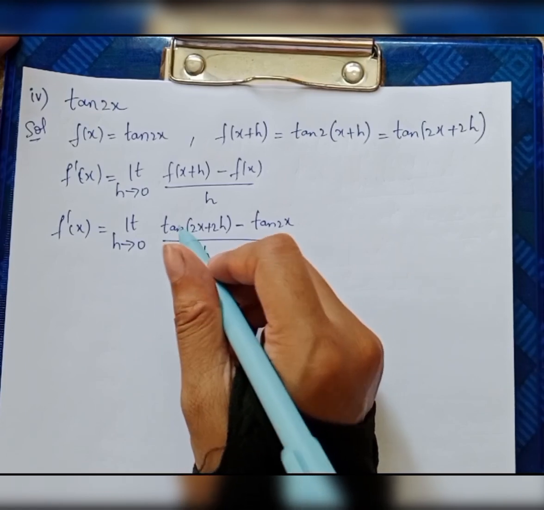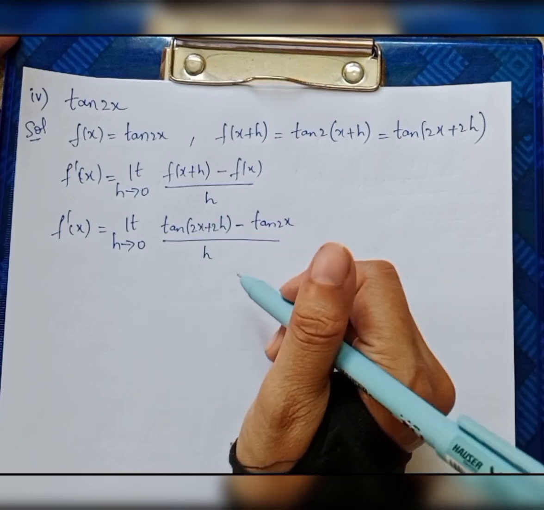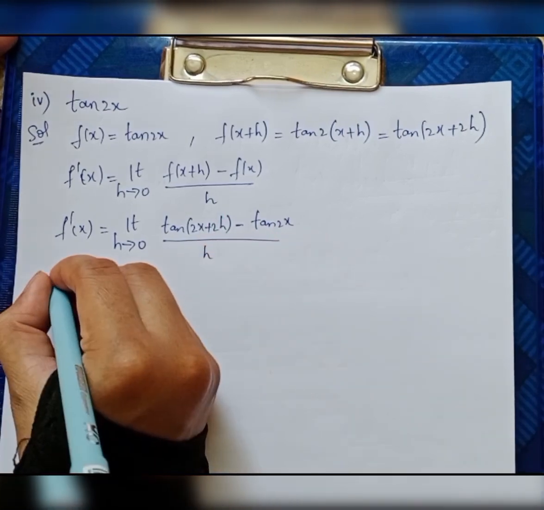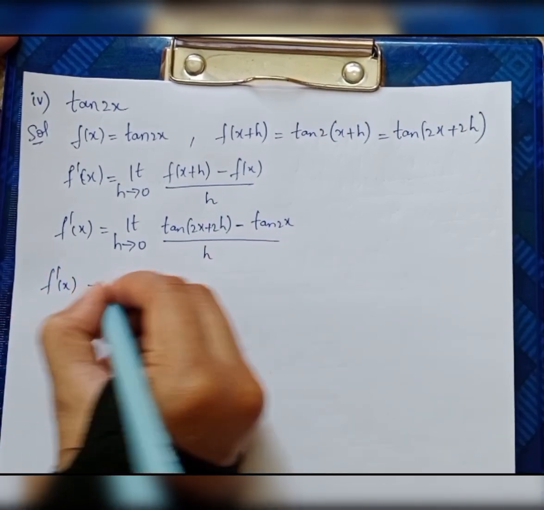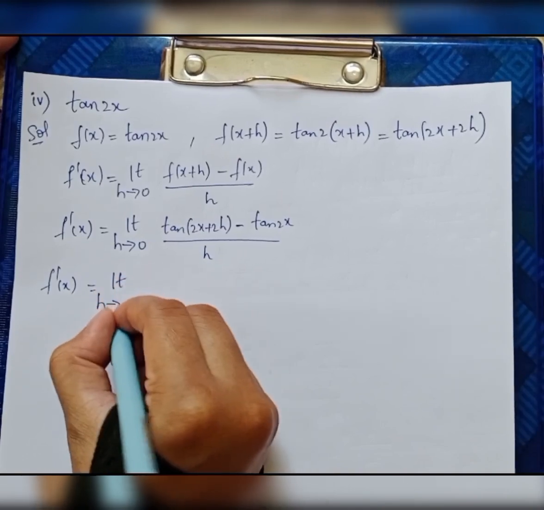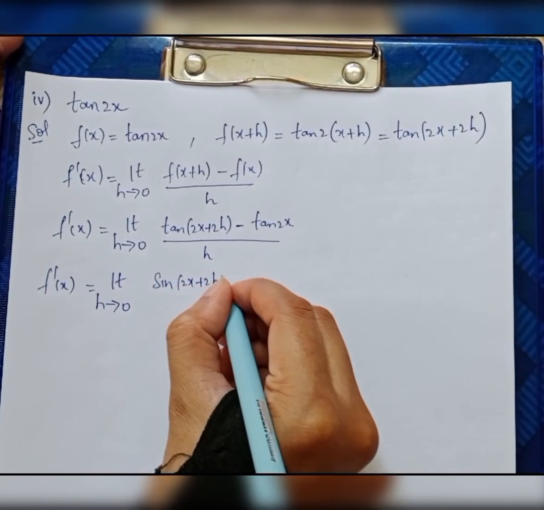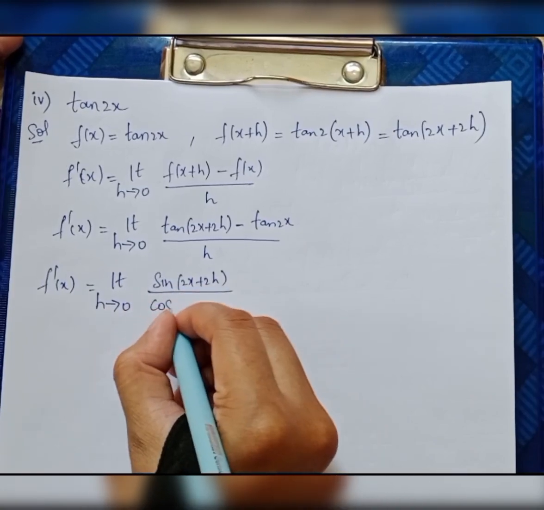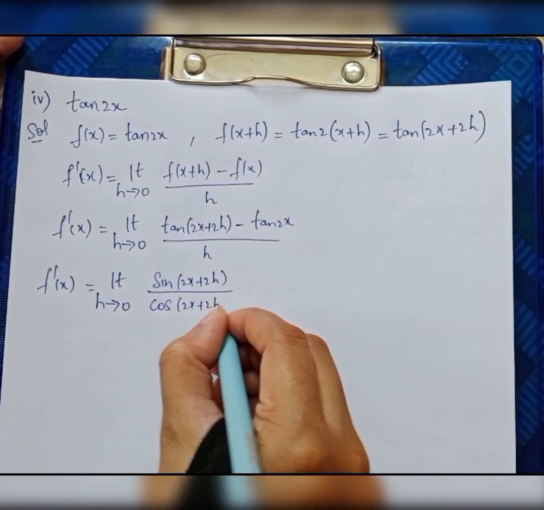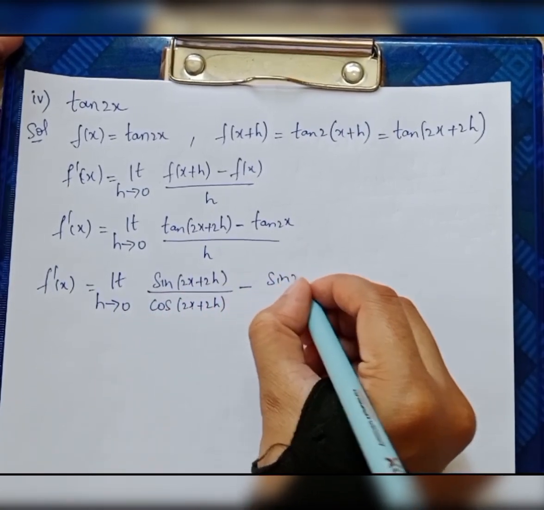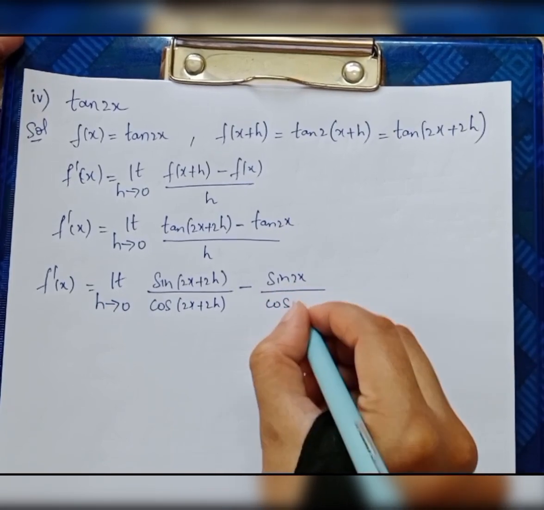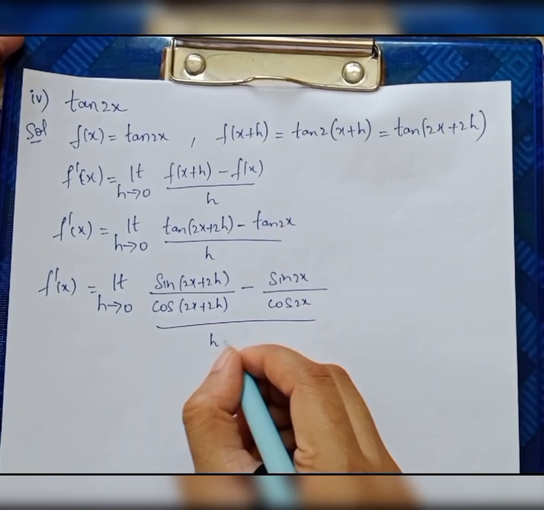We know the formula of tan A is sin A by cos A. So we'll write it as f'(x) equals limit h tends to 0, [sin(2x + 2h) by cos(2x + 2h) minus sin 2x by cos 2x] whole by h.